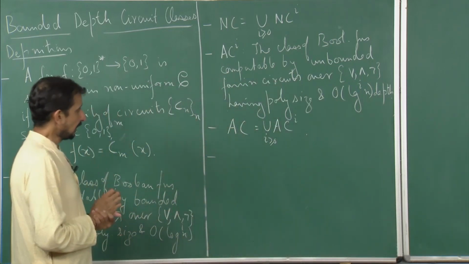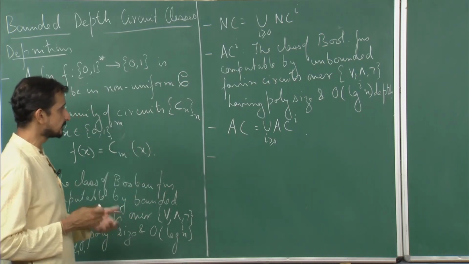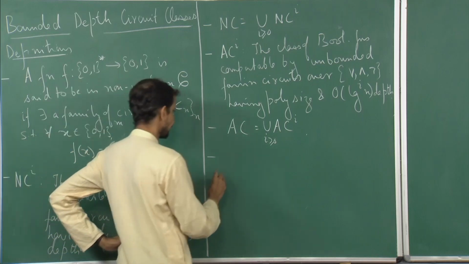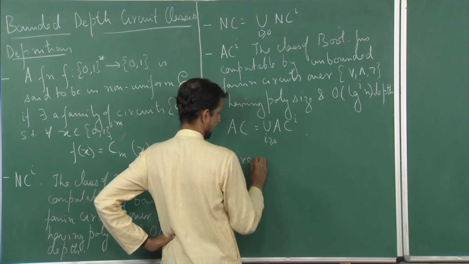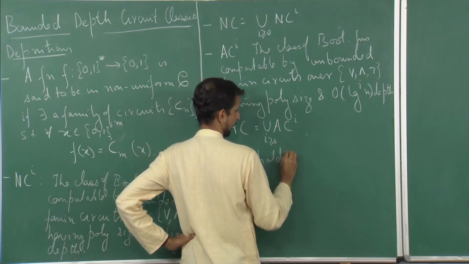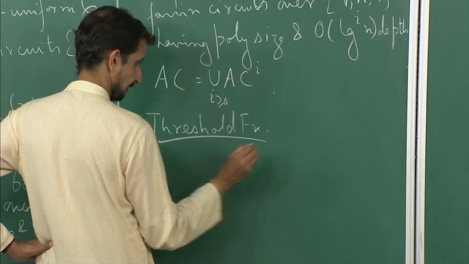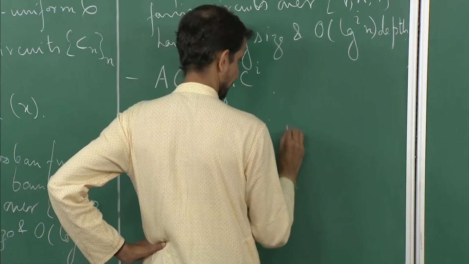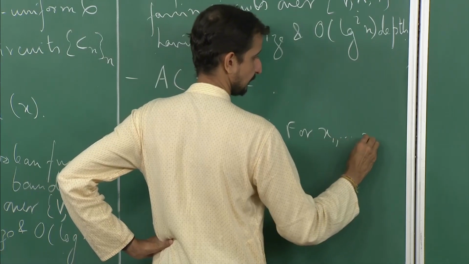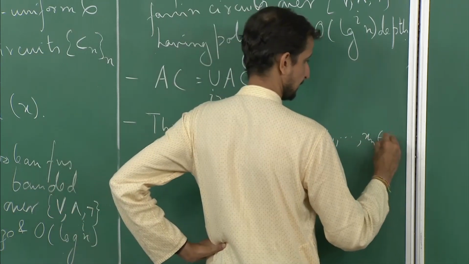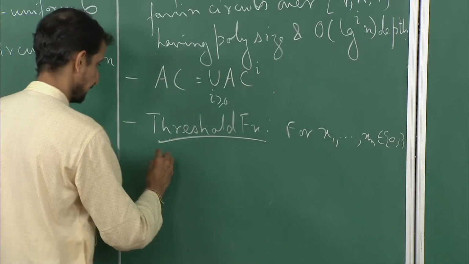move forward. Okay. So, the next definition that we will see is about a function. So, these are function classes. So, let me define the threshold function. For x1 to xn belonging to {0,1}, okay, so, these are bits.